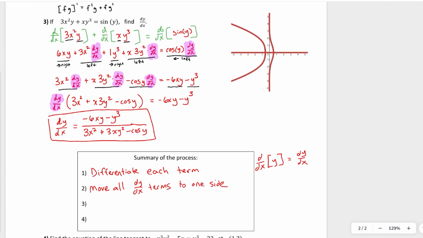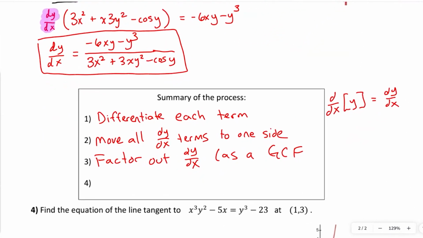Like we did here, we identified the terms that had the dy dx. We brought them all to one side. Then you're going to factor out dy dx as a GCF. I can zoom in here now that we're at that point.